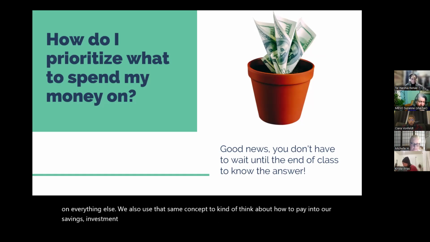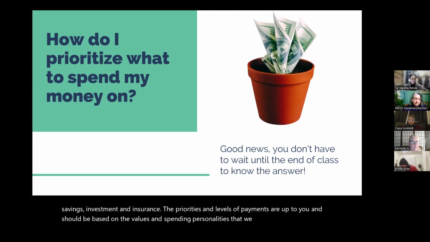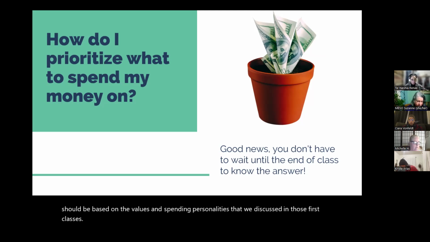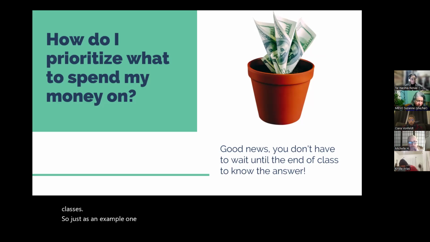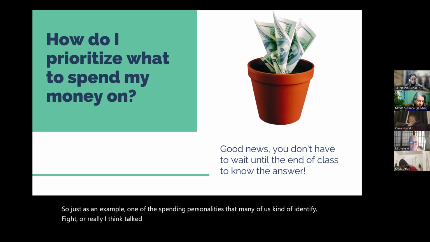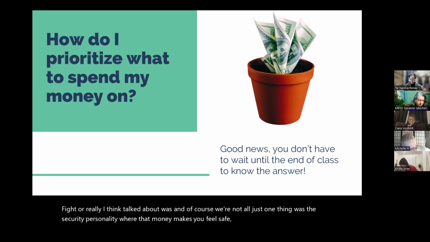The priorities and levels of payments are up to you and should be based on the values and spending personalities that we discussed in those first classes. As an example, one of the spending personalities that many of us identified, and of course we're not all just one thing, was the security personality, where money makes you feel safe, secure, and in control of your financial plan and future.